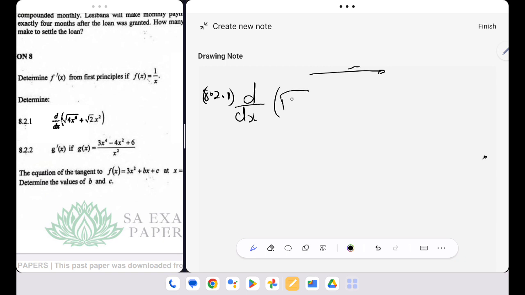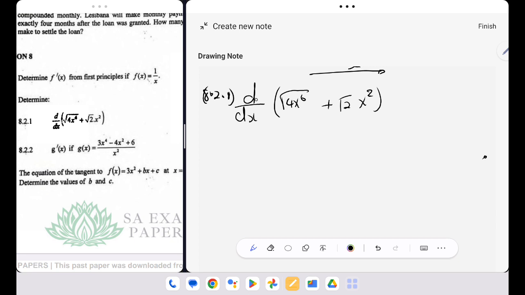I have the square root of 4x to the power 6 plus the square root of 2 multiplied by x squared. Whenever I'm given an expression like this, it says derive with respect to x everything that's on the right hand side.